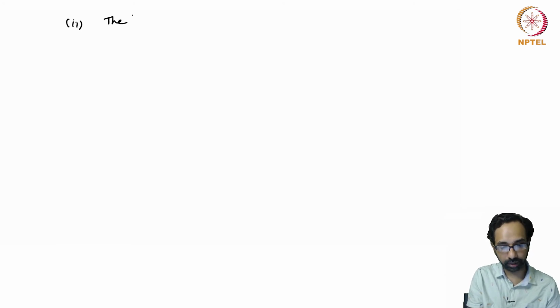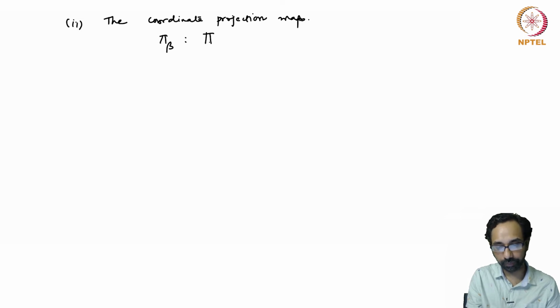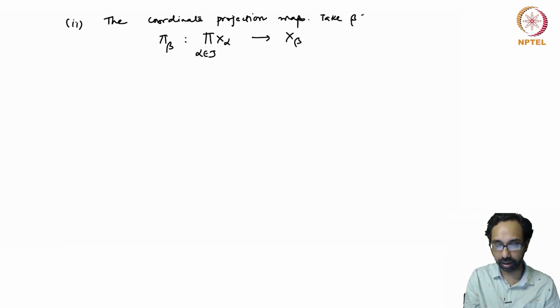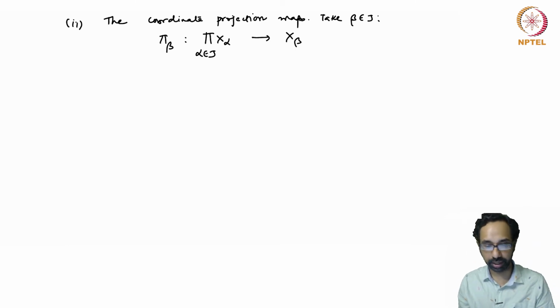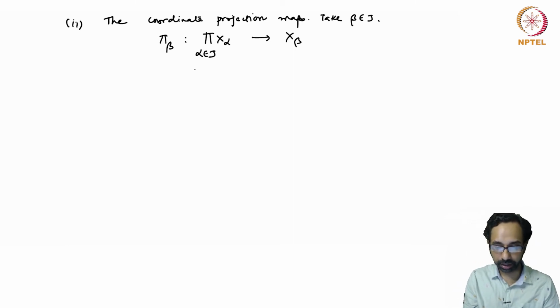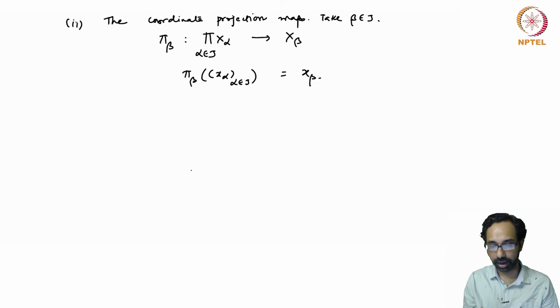So the coordinate projection maps, let's say pi beta, from the entire Cartesian product to X beta, where beta is one of the points in J, are defined simply as follows: if you take the J-tuple notation, then pi beta of (x alpha) is just the point x beta.